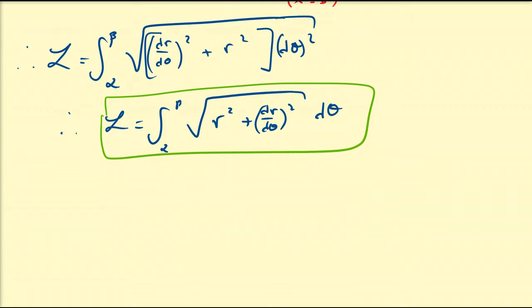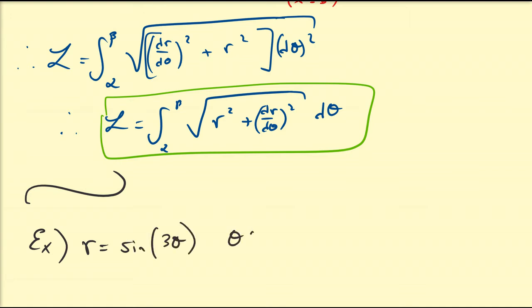So let's go back to our 3 rose petal, namely r is equal to the sine of 3 theta, for theta belonging to the interval 0 to pi, and let's see if we can find the arc length of this curve, right?